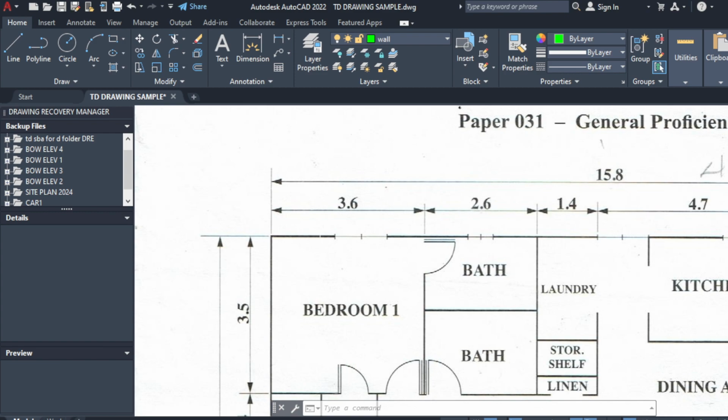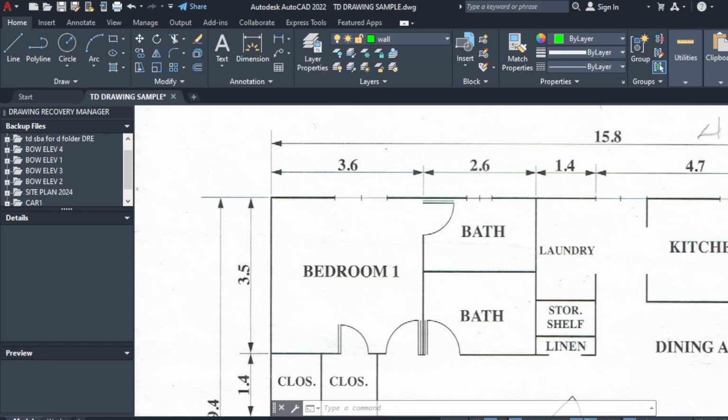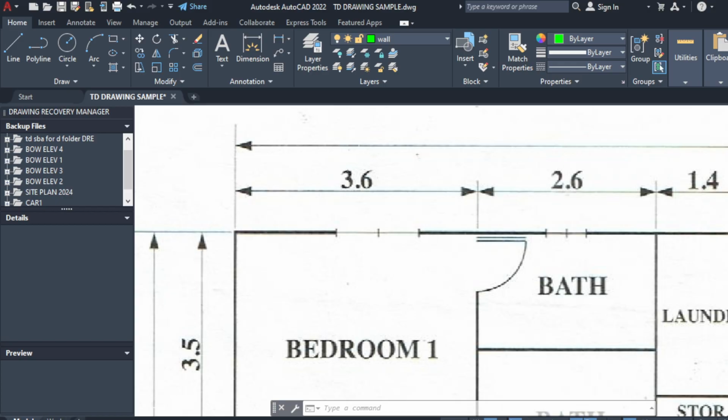So let's partition to get my bedroom. The length of my bedroom, the length is always the longer side, is 3600.